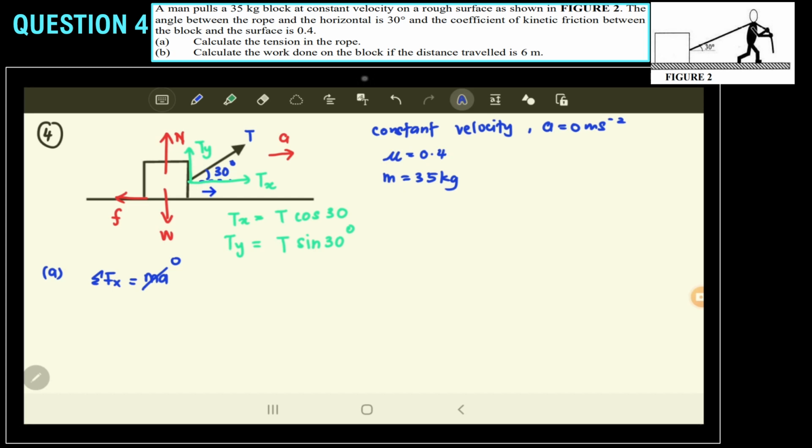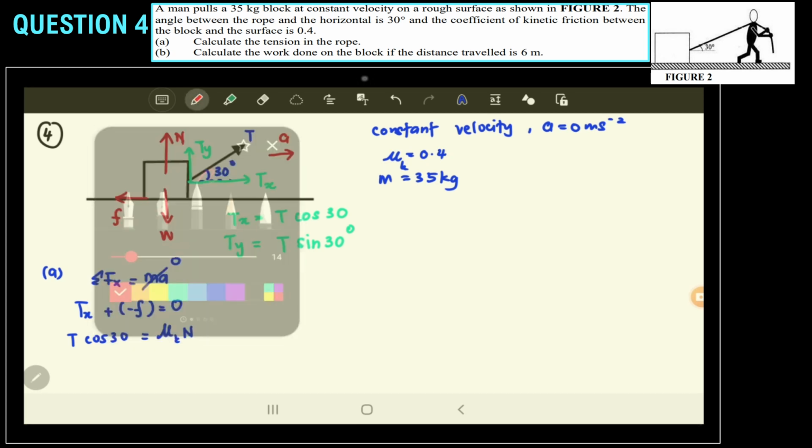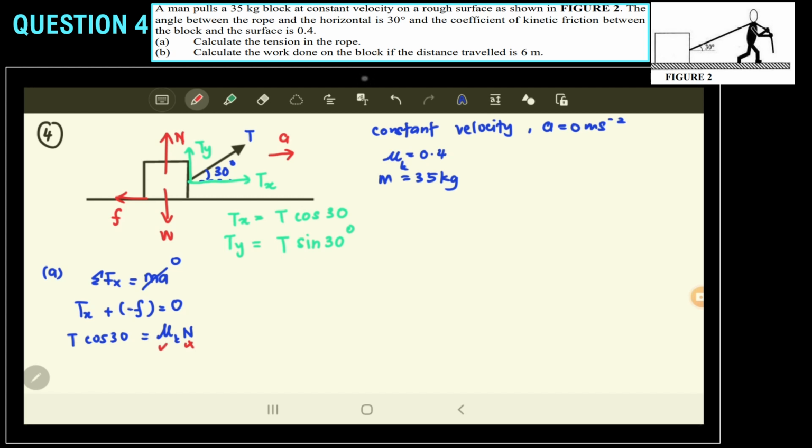In the x component we have Tx plus negative friction equal to 0, and Tx is T cos 30 equal to mu k N. So we still cannot find T from total Fx. You can see here we don't have the normal force. We do have mu k, we want to find T, but there is no normal force.